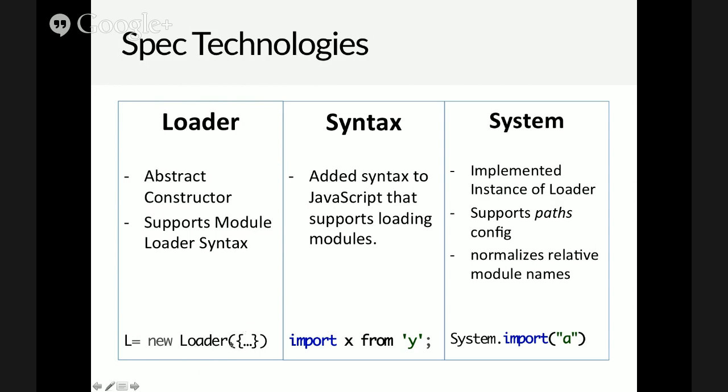It's a special instance of loader that is going to be the default loader, so that if this kind of code is found, it's implicitly doing a System.import of Y behind the scenes, essentially, unless you've set up and configured your own special loader. So again, this is just the system loader. It's an instance of loader. It is the default loader, the default module registry that everything goes through.